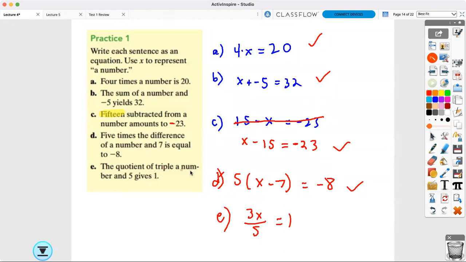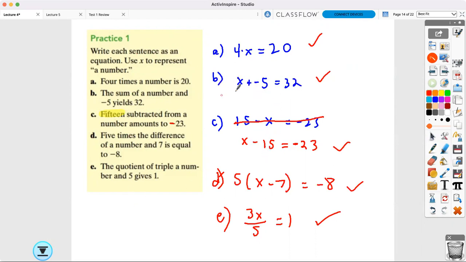The quotient of triple a number and 5 gives 1. Thank you, Nicholas. So if you agree, that is correct, guys. 3x over 5 equals 1. What questions do we have so far on the steps we took for practice 1?